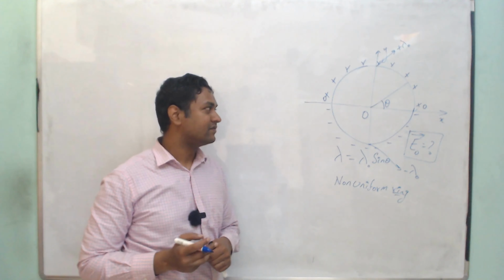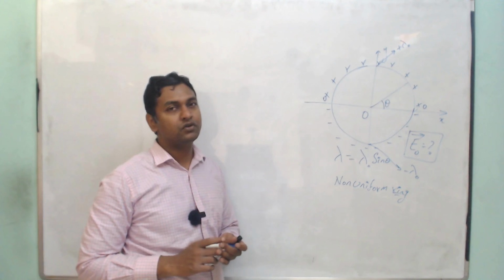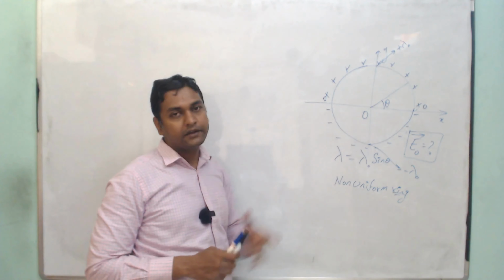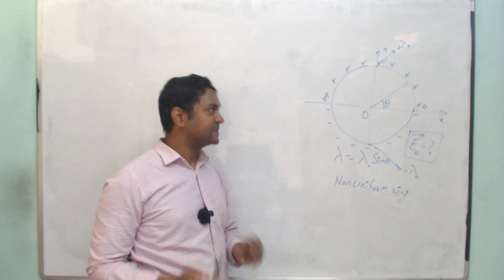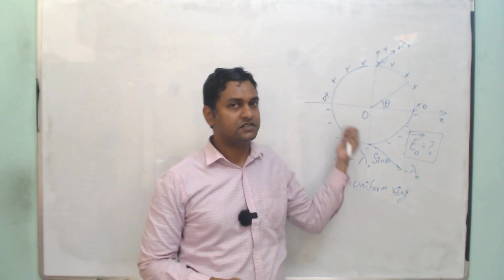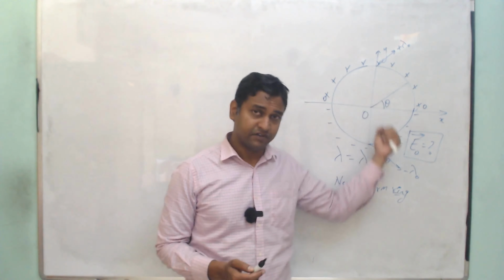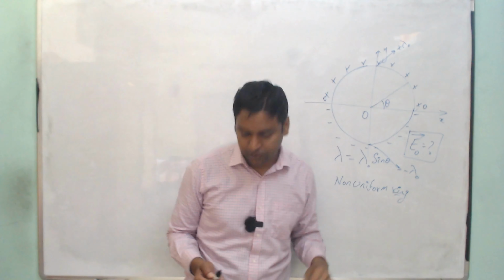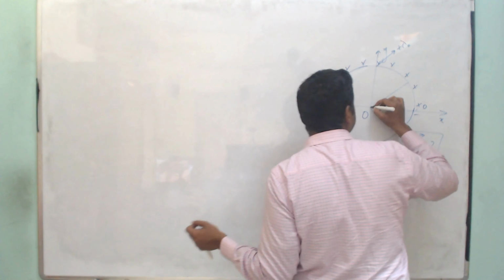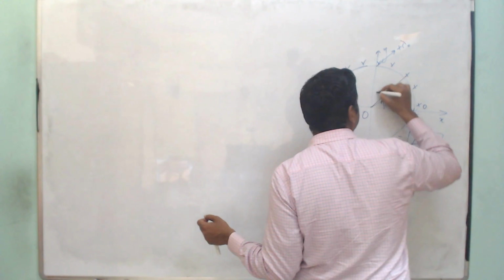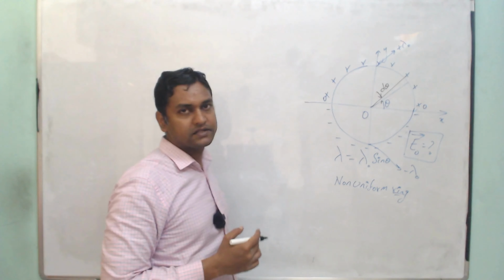Let me do a little bit of mathematics first, then come back to the further clarity of what I want to discuss. One thing is, due to these positive charges, the electric field will be downward. Due to negative charges, the electric field will also be downward. But let us start deriving this. So at an angle theta, take a small element subtending an angle d theta at the center.